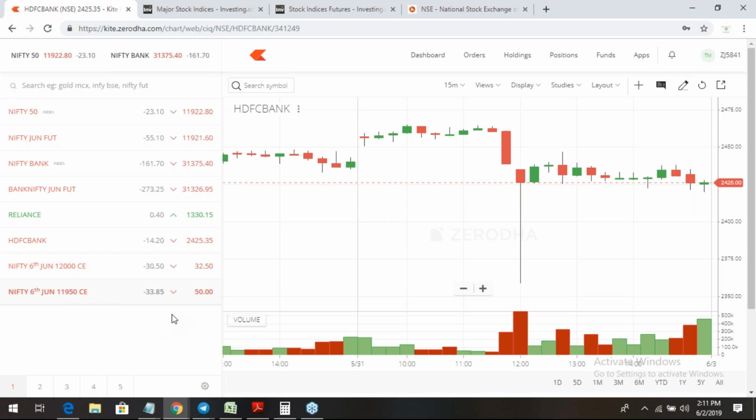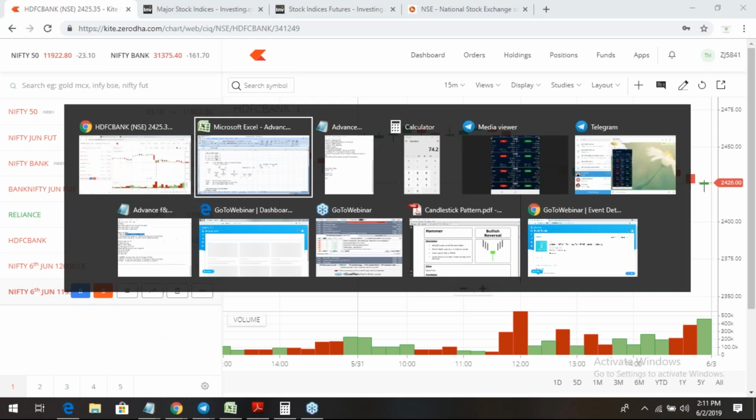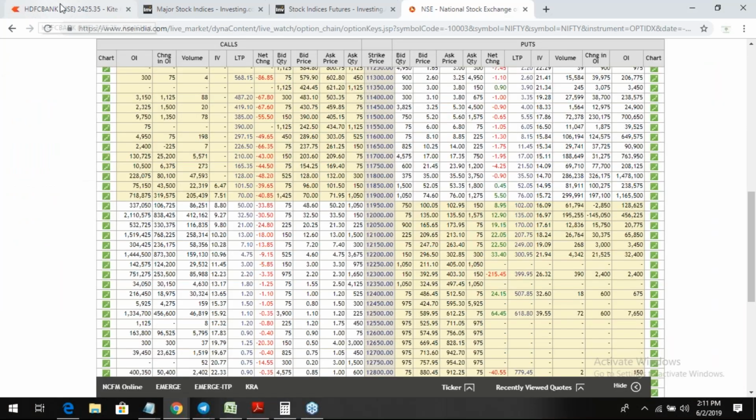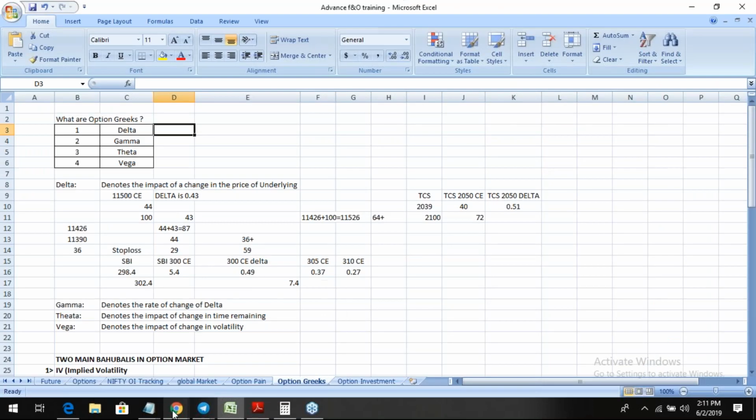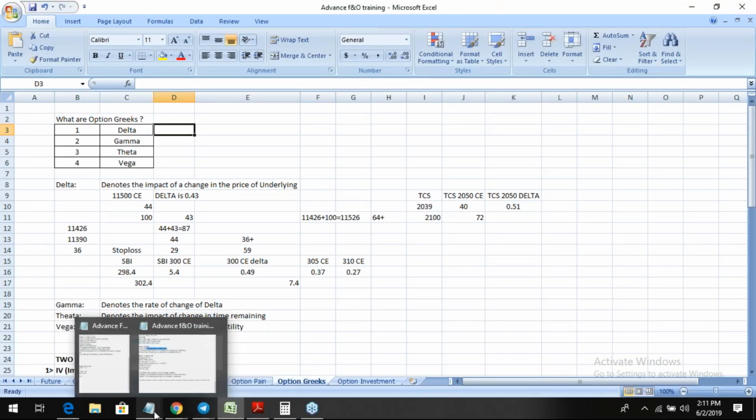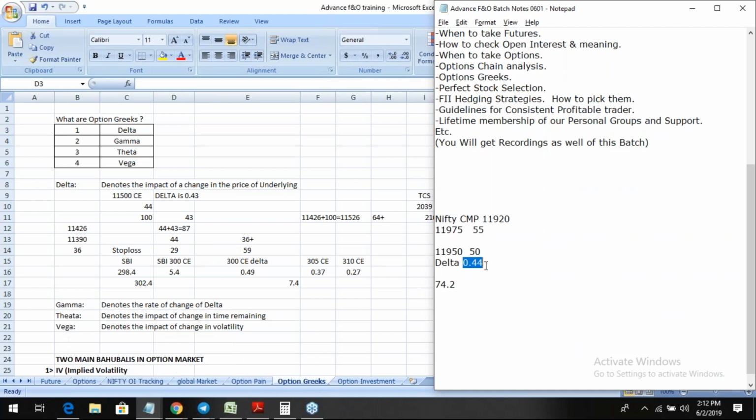Already here, 32 rupees 50 paisa, right? 32.50, which call? 12,000 CE, right?